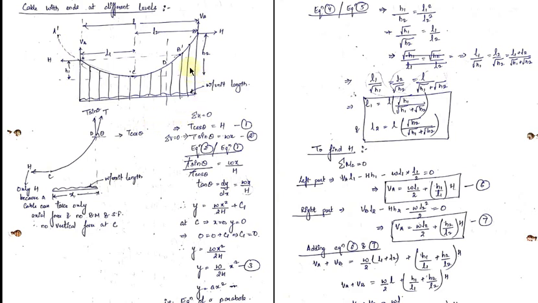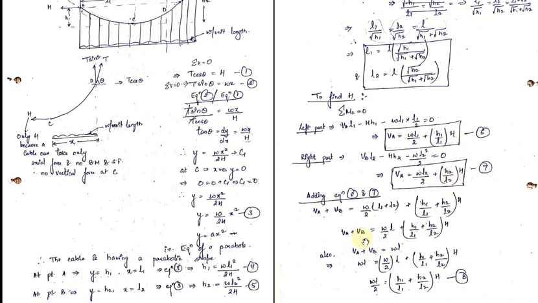The summation of all the vertical forces means all the upward force is equal to all the downward force. In this diagram, you can see that there are two upward forces, VA and VB. So VA plus VB equals the total downward force W, converting this UDL into a point load by multiplying the UDL into the length, so you get W into L. So the total downward load is W into L, and the total upward load is VA plus VB. So we get the equation VA plus VB equal to WL.